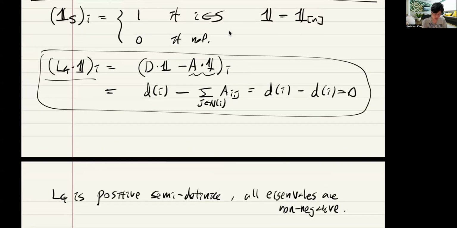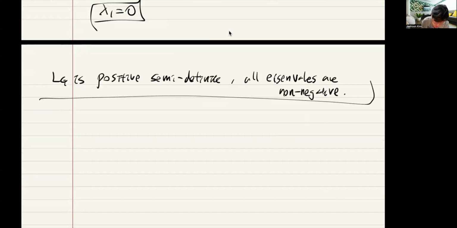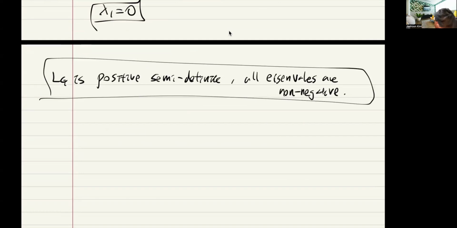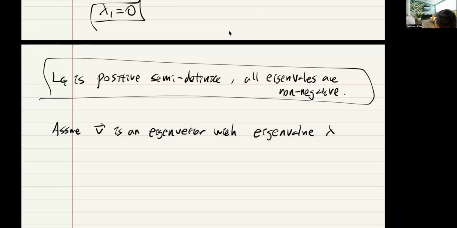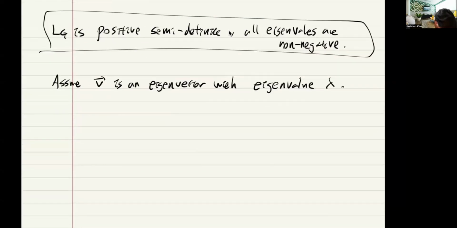Then it shows that this 0 must be the smallest eigenvalue, so lambda 1 is 0. To show that this is positive semi-definite, you assume that b is an eigenvector with eigenvalue lambda.